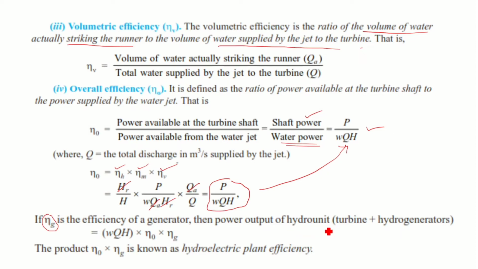So the output power of the entire hydro unit can be obtained from WQH into overall efficiency into the efficiency of the generator.